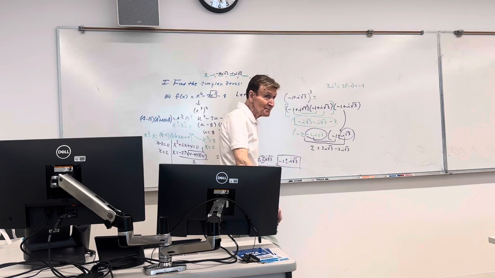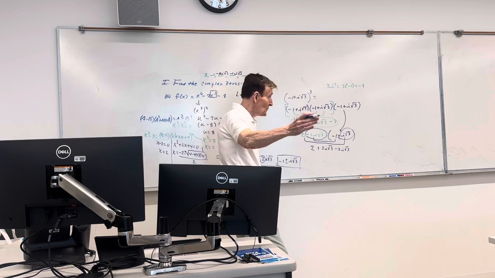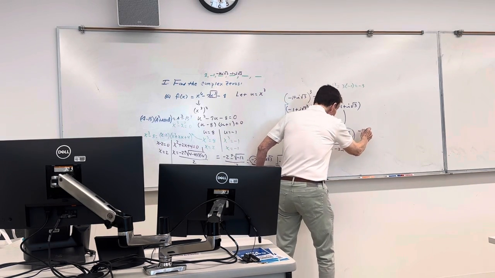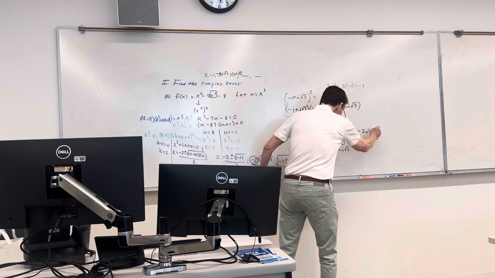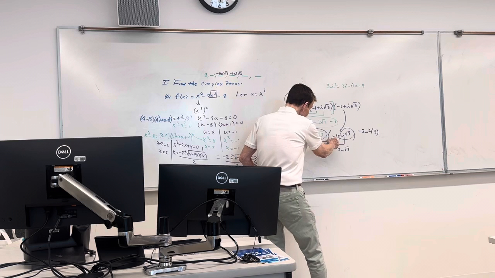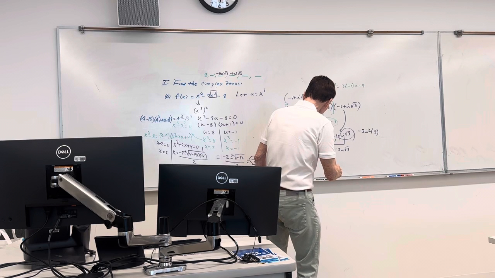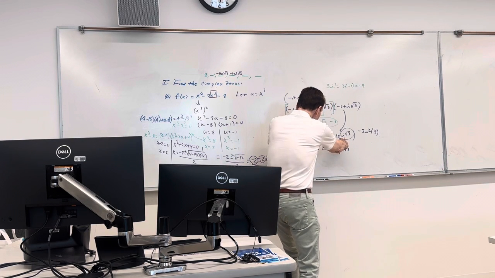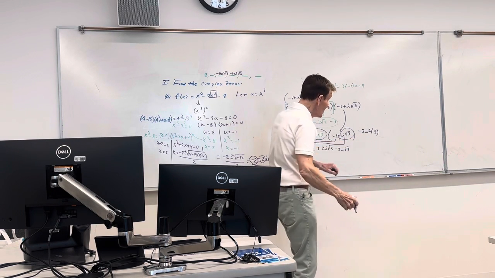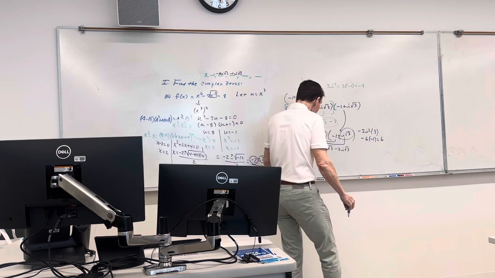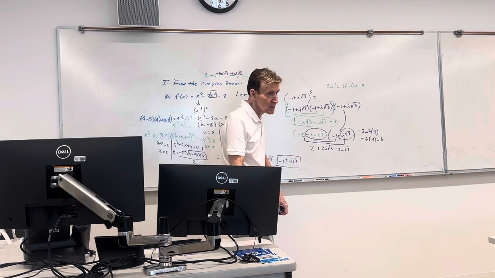Let's see, is this a negative 2i squared? Negative 2i squared times 3. Oh, these two. It's a negative 2i squared, and square root 3 times square root 3 is 3. Is that negative 6 times a negative 1, which is 6? Yes or no? Yes. Please tell me it is.